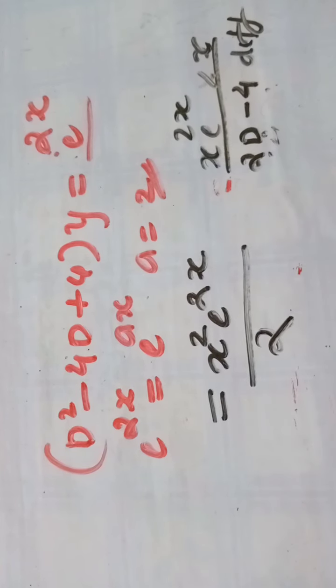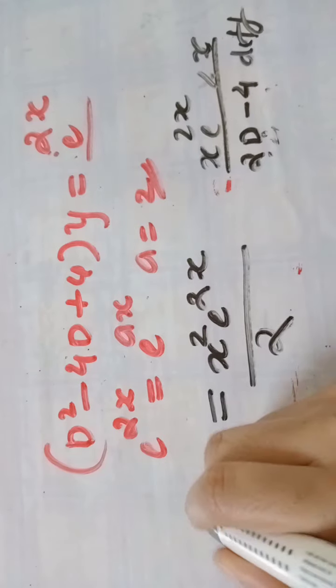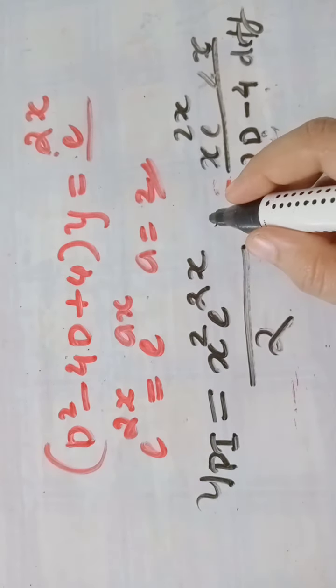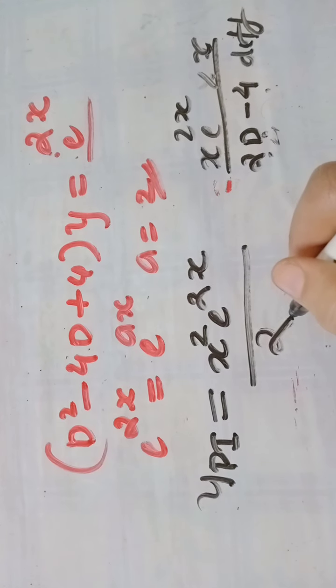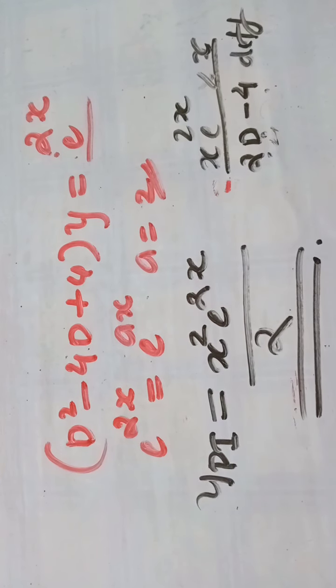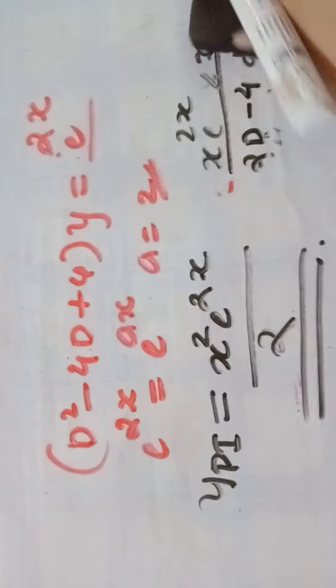So this is the equation: y particular integral is equal to x square e raised to 2x divided by 2. This method can be followed when the right hand side is e raised to ax. So what is the method?